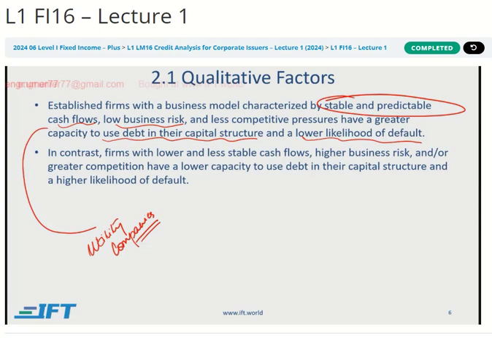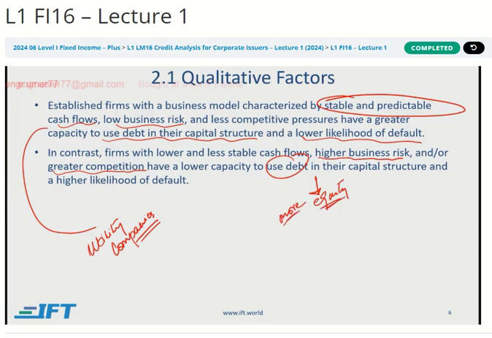Now, compared to that, companies which are very volatile have a higher amount of business risk and a greater amount of competition. Naturally, for them, the use of debt should be low, and maybe they should use more equity in their capital structure.